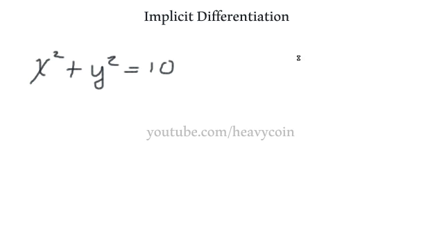What we want to find is dy over dx. Okay, we're taking the derivative of y with respect to x. So this is how this works. We take the derivative of x squared, and that is 2x, plus, then when we take the derivative of y, we've got to do something special.